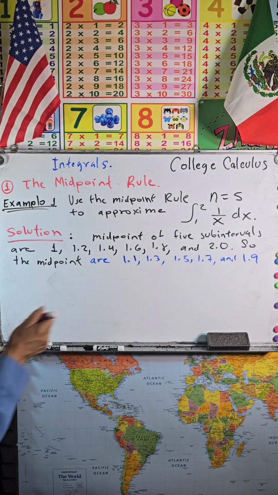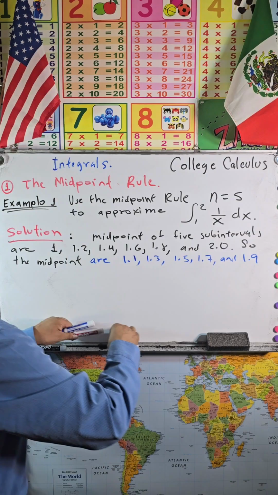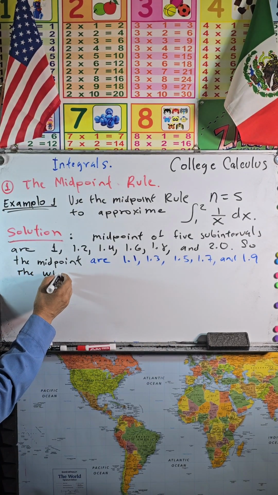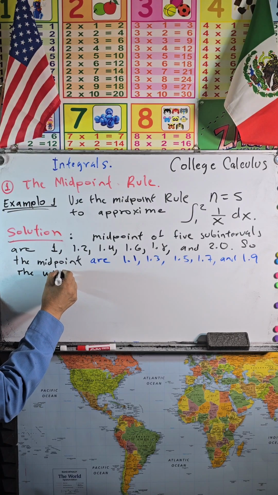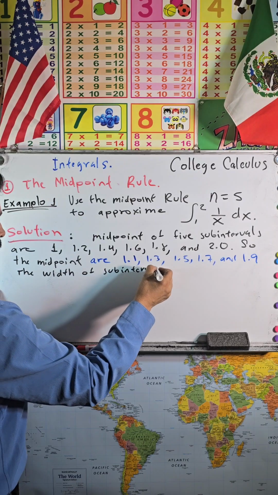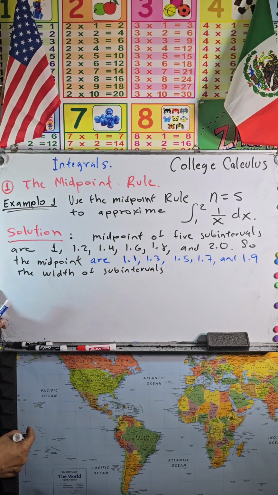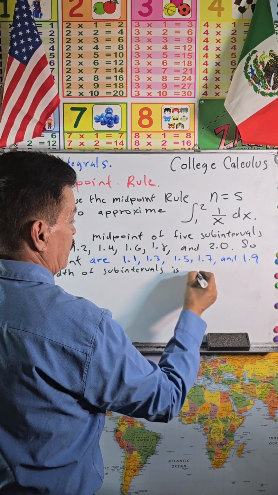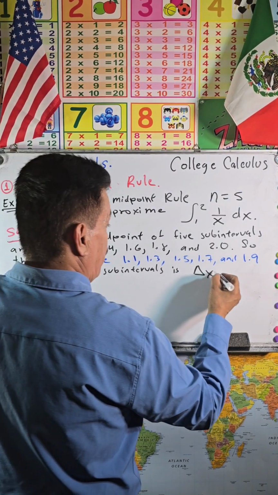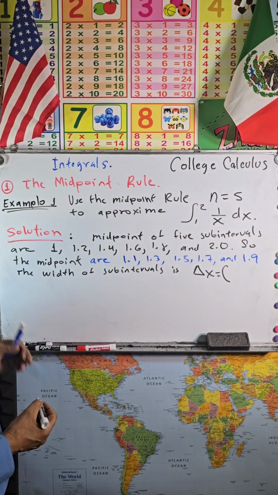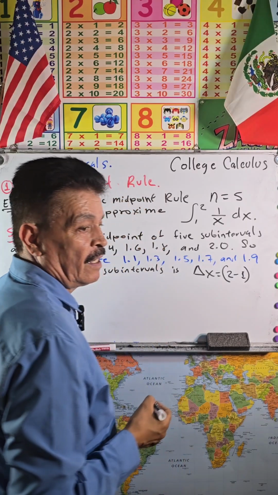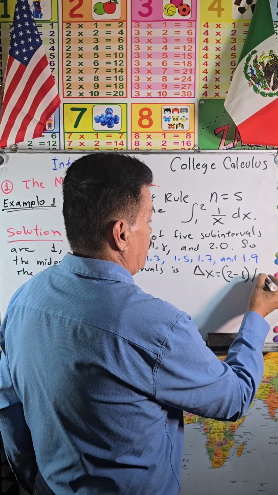So the width of the subintervals is delta x equals 2 minus 1 divided by 5.